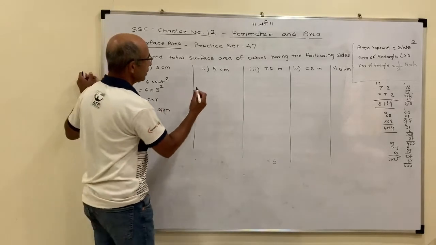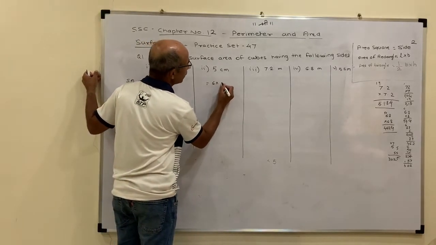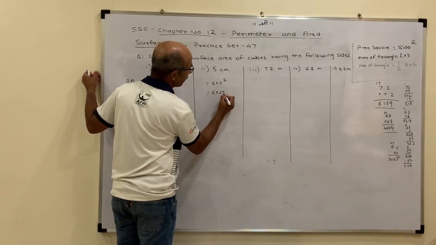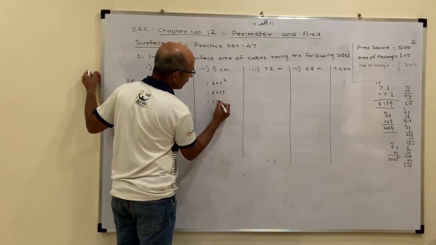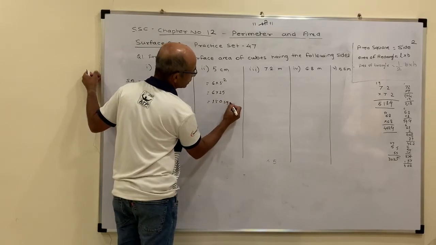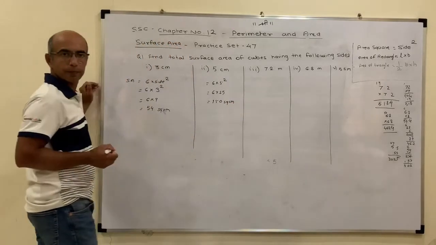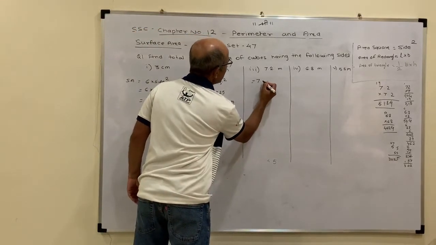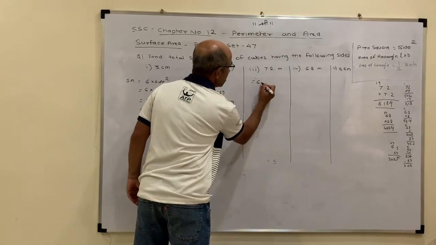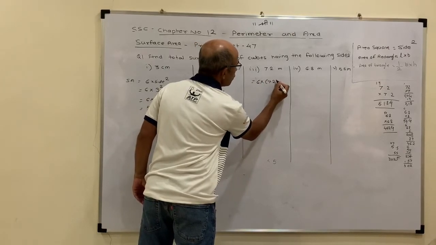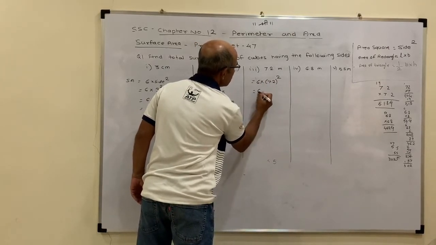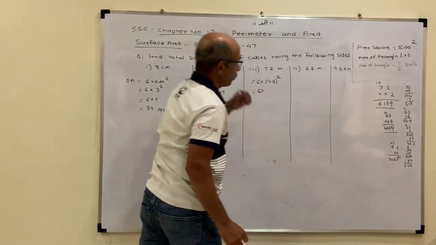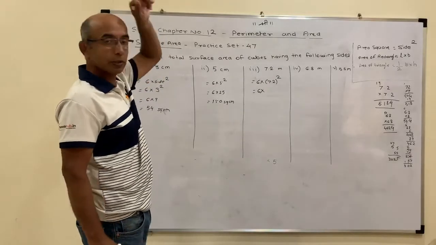The second one, again 6 into 5 square, 6 into 25, 25 6s are 150, so this is square centimeter. Now the third one is 7.2 square. So 6 into 7.2 square. I have already done the multiplication over here to save the time and duration of the video.